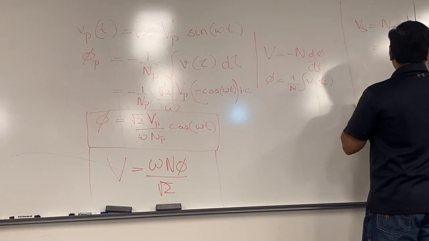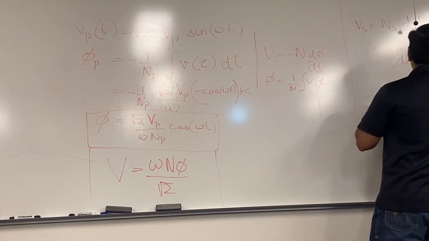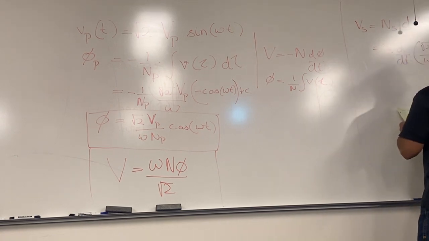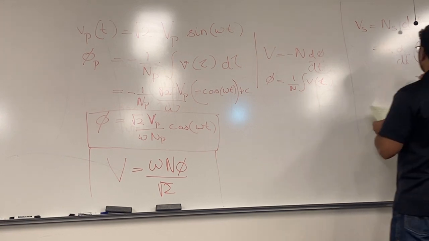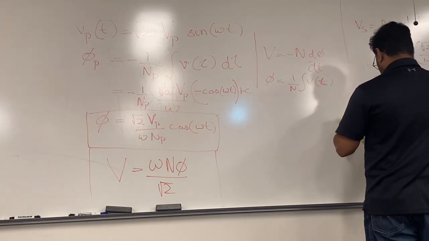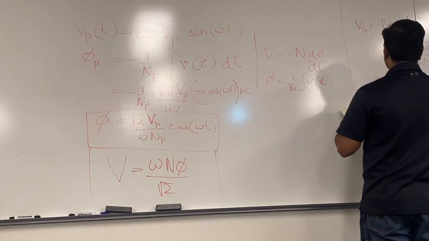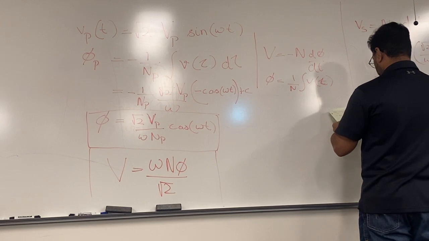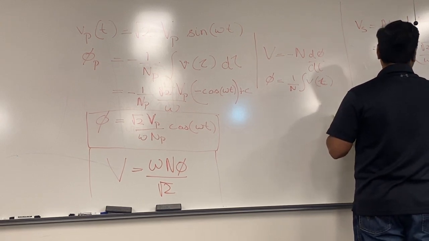So what you have is root 2 VP, this leads to NS.